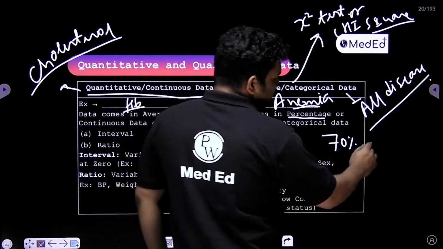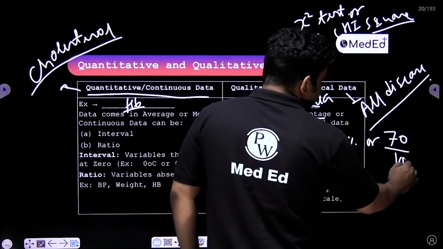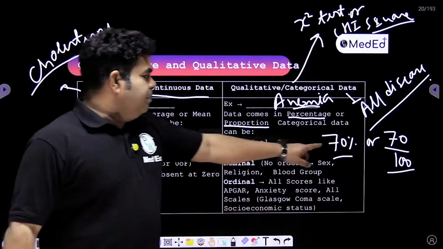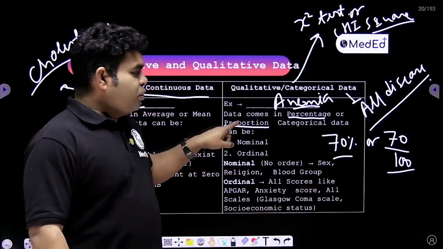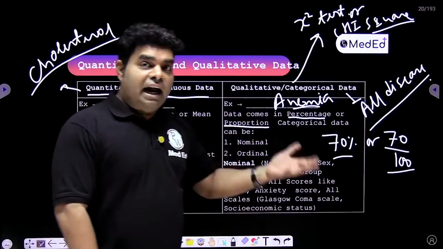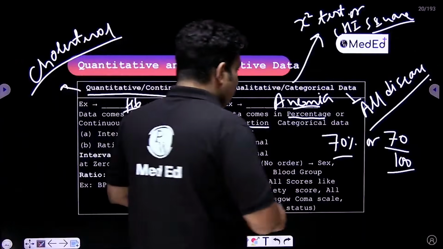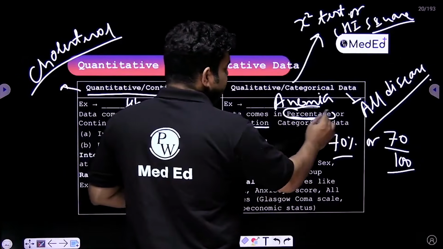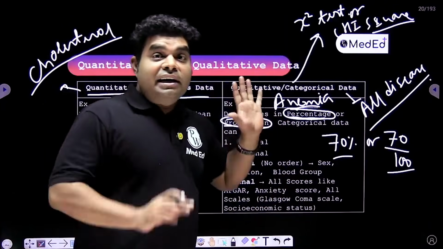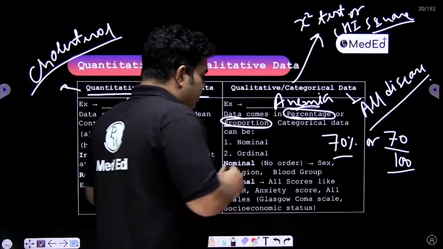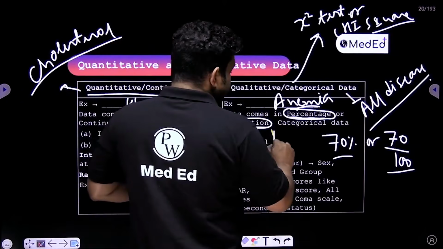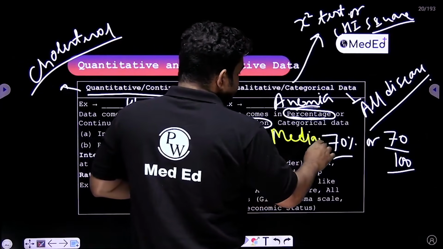So 70% anemic means 70 out of 100 are anemic. This percentage, or 70 out of 100, is the proportion. So percentage and proportion we use when we are talking about anemia or diseases like that. So always remember, if in the question they use the word percentage, proportion, or any disease, the answer will be chi-square 99% of the time. Plus one more thing you should know, median and mode are for qualitative data.